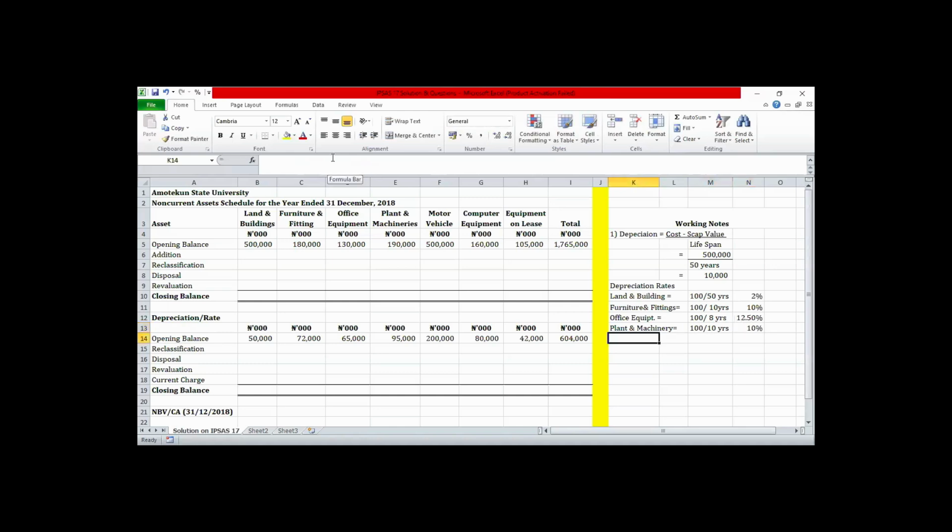The next one is motor vehicle. That motor vehicle is how many years? It's 5 years.